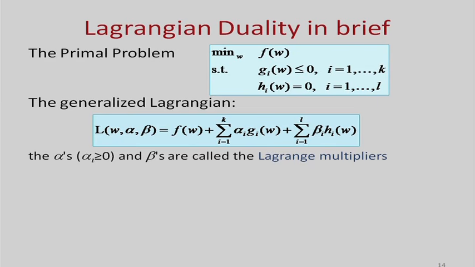The alphas and betas are called Lagrange multipliers, and the value of alpha is greater than or equal to 0. So, this is the Lagrangian of this optimization function.